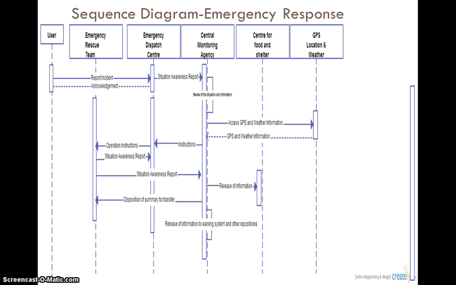The central monitoring agency also has one more important role: it releases the warning alerts to all the departments, and also sends an alert message to the users of that particular location or locality where the incident occurred, so that people can take the necessary precautions and reduce the risk that might happen to humanity.